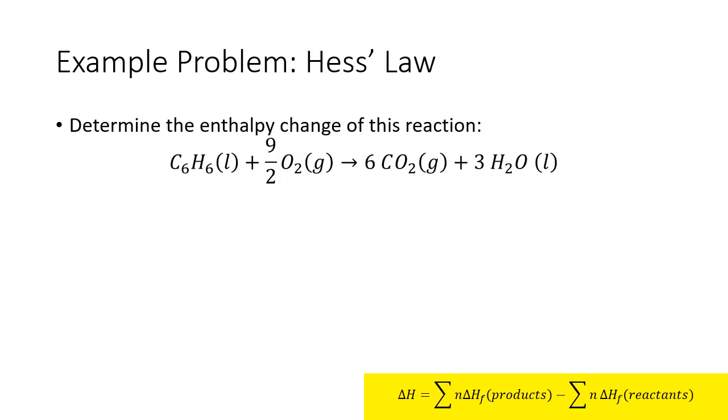All right, so let's take a look at a problem. We're going to determine the enthalpy change of this reaction. So we have C6H6 plus 9 halves oxygen makes 6 CO2 and 3 water. And yes, I know you're currently cringing over that fractional amount of oxygen. I assure you it will be okay.